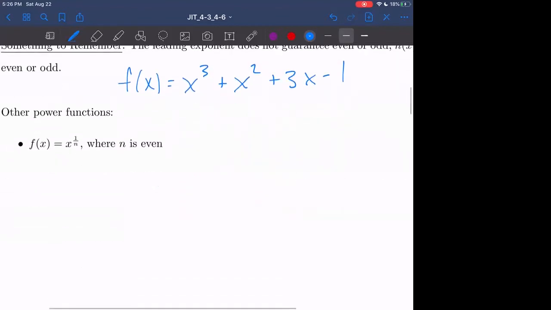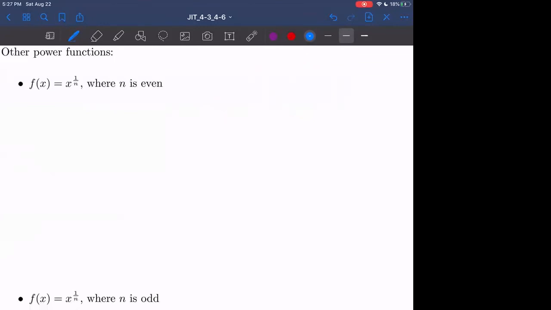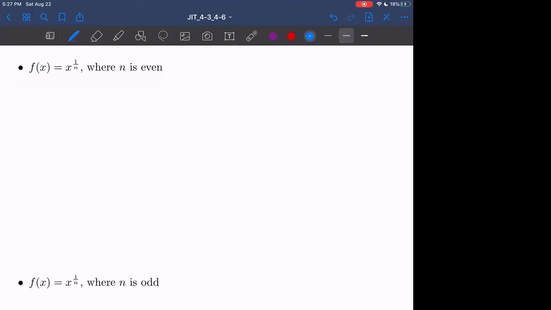All right, some other power functions are x to the 1 over n. Remember, those are our roots. And that can be broken down into two cases. We either have where n is even or where n is odd. So it'd be like square root versus cube root.